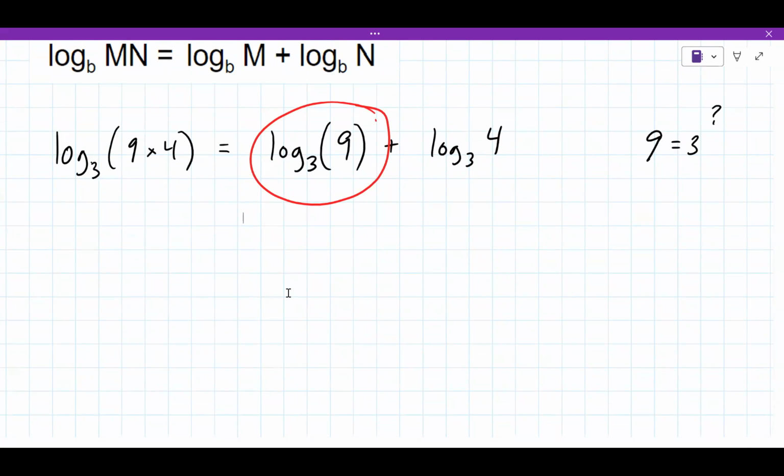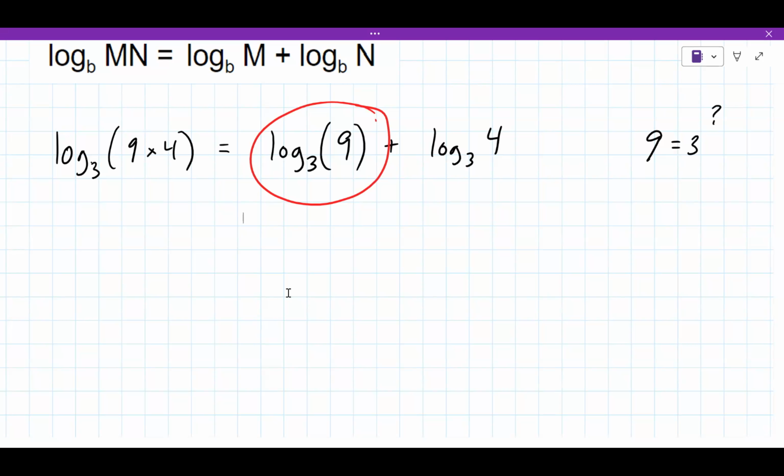So log base 3 of 3 to the 2nd equals 9. Hold on, I'm confusing myself. Give me 1 second.